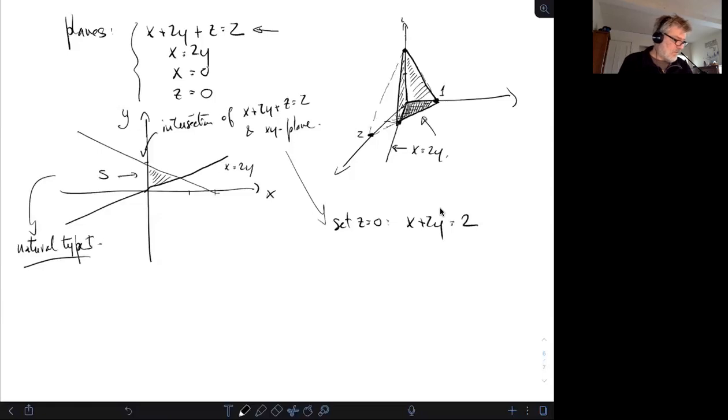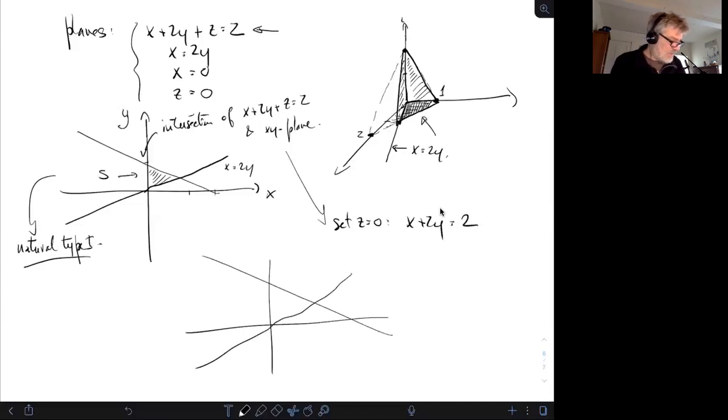Okay, so let me redraw that. I have this. This is S. This is x plus 2y equals 2. And this one is x equals 2y. Okay?